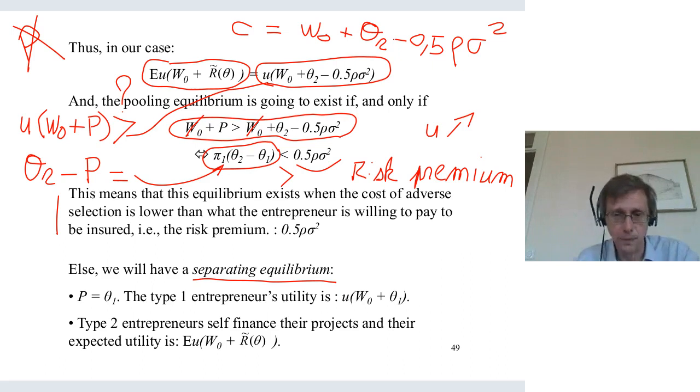So in a pooling equilibrium, types 1 and 2 accept the price P. In a separating equilibrium, only type 1 sells to the market.